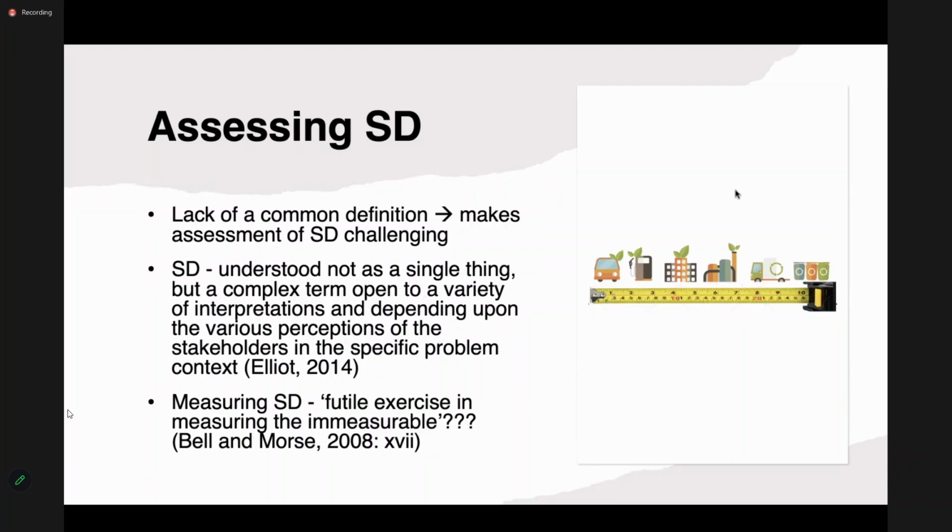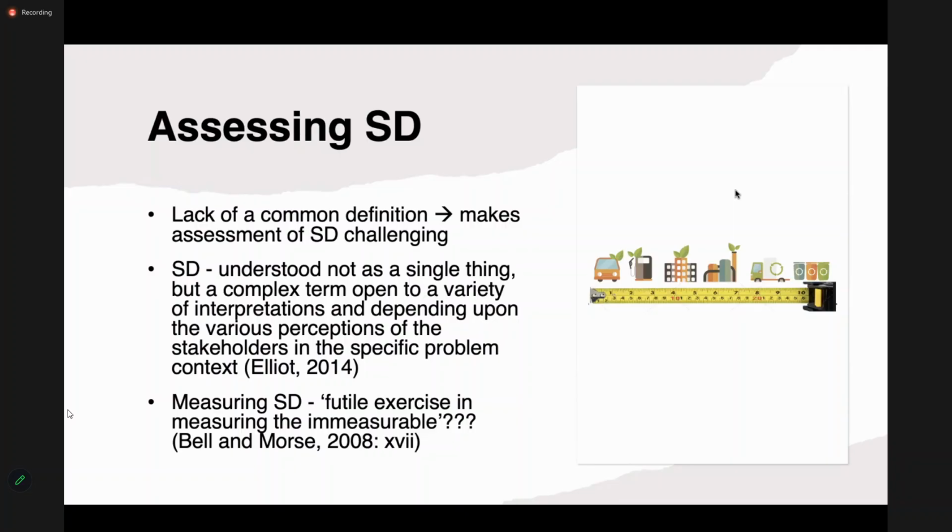So, for instance, even when you take a construction project, the aspects that are important for the client might not be the same aspects that are important to the contractor or the actual occupants of the building.